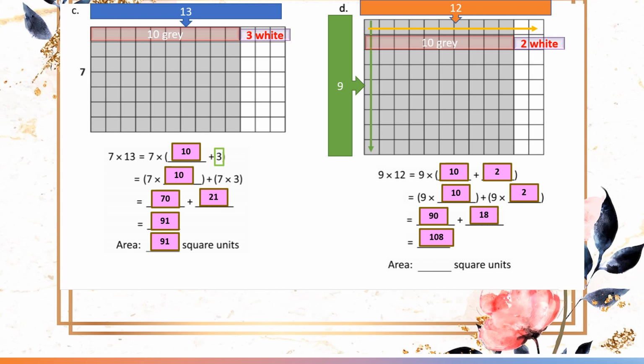If you said 108, then you are absolutely correct. So our answer for our area is 108 square units. Now you may want to go ahead and pause your video right now so that you can check your work against mine or copy down anything that you think you may have missed.